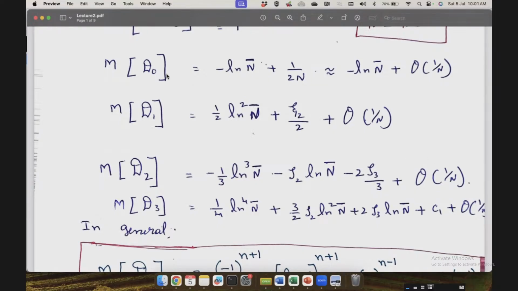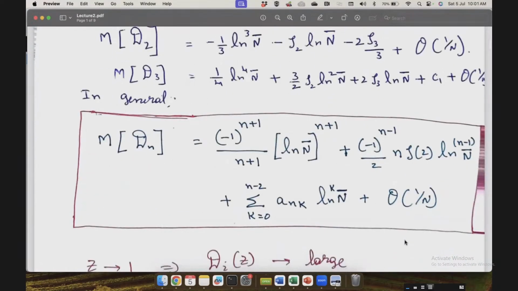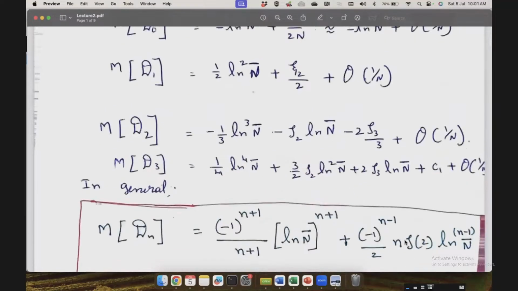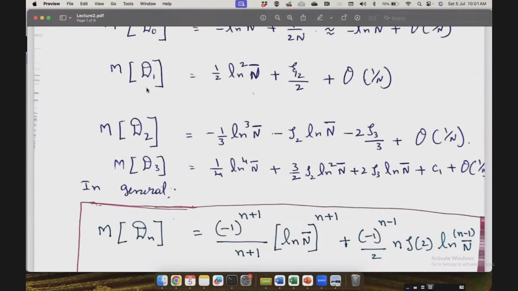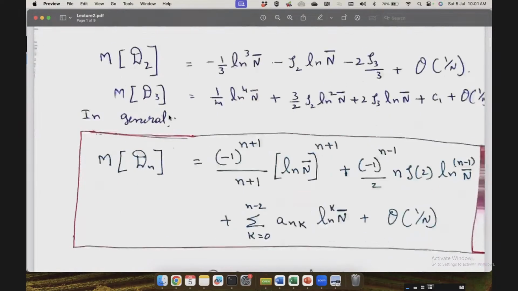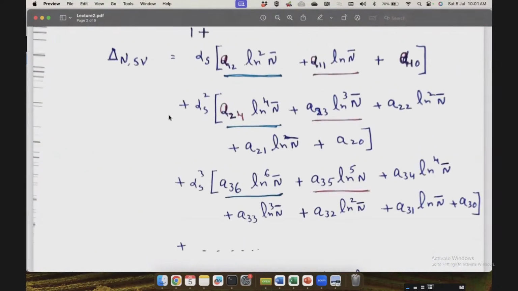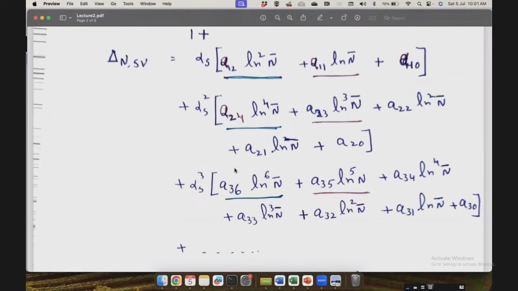Or even if you take the curly D0 type, there is some minus sign and some plus sign. You have a variety of contributions: log power 4 n bar, log square n bar, log n bar. Now it is difficult to tell which term is more dominant. So in that sense, we cannot directly say whether curly D1 is larger, curly D3 is larger, or curly D2 is larger. But to quantify that, it is better to go directly to the Mellin space. Things are much easier there, and you see the higher the power of the logarithm, the higher the contribution. So at each order there is a dominant logarithm.